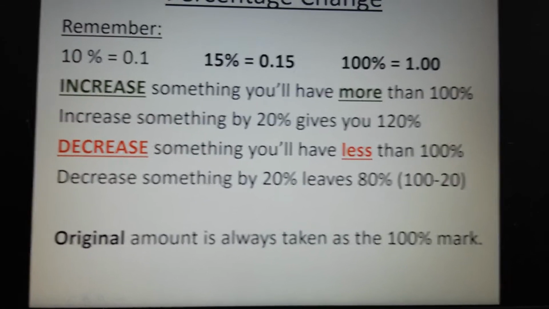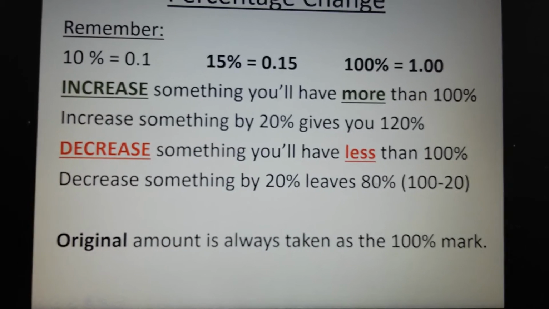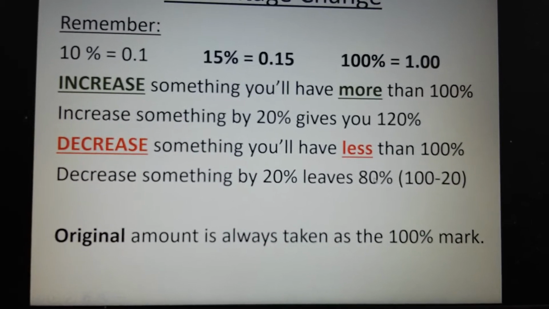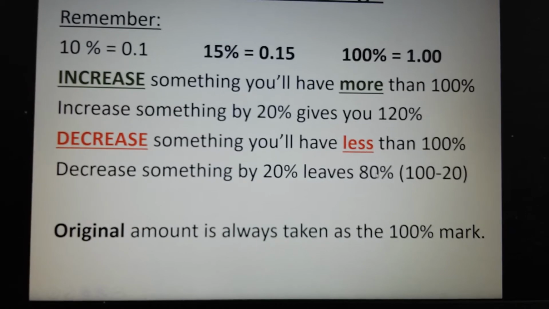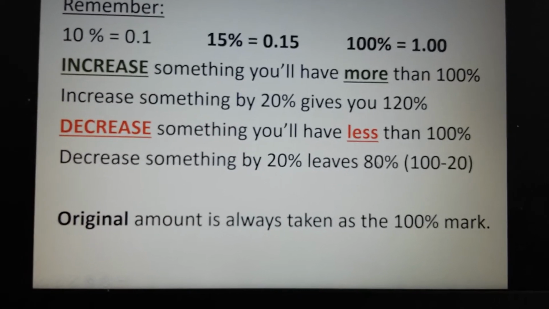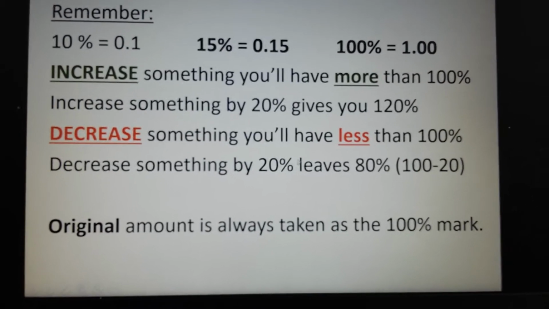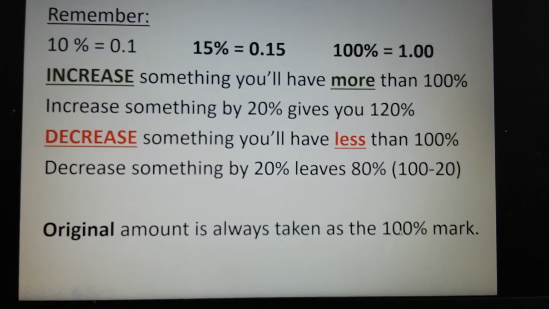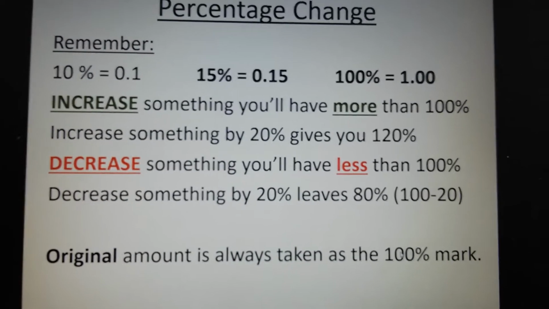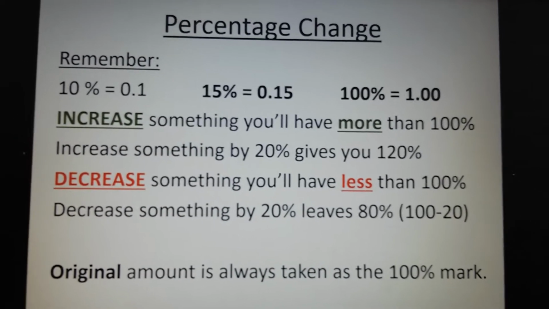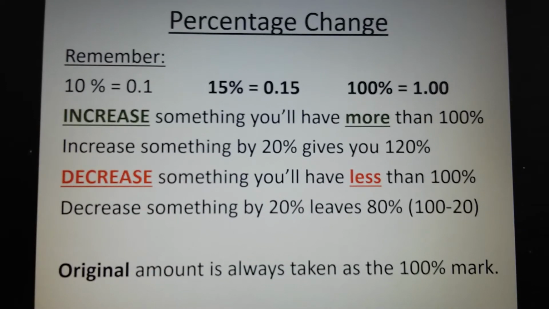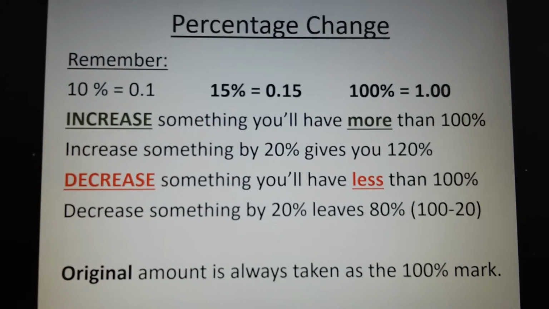So if we decrease something by 20%, that will leave us 80%, because the 100 take away that 20 is 80. So it's a bit like having 80p, 0.8 pounds. We always take the original amount as 100% in questions. That's something to look out for. So when you're reading it, read it carefully and make sure you take the original amount, the thing you started with, as 100%. Whether it's bigger or smaller, that'll just mean whether it's an increase or a decrease.